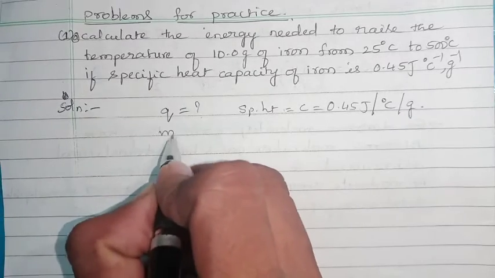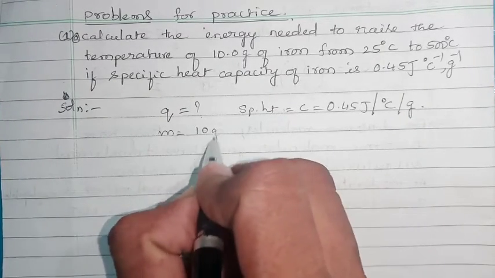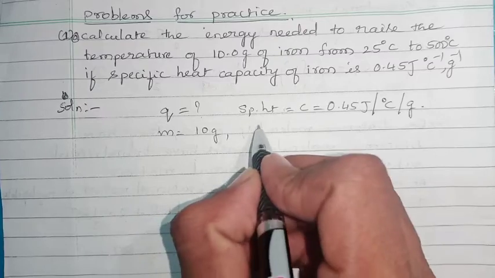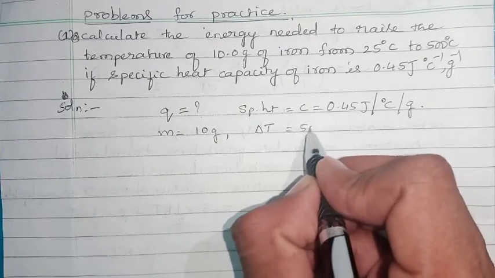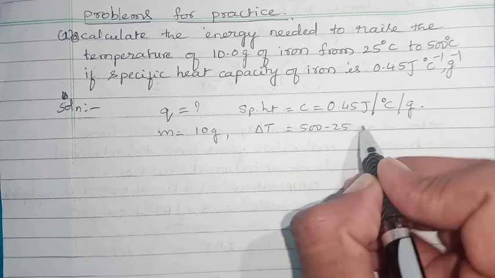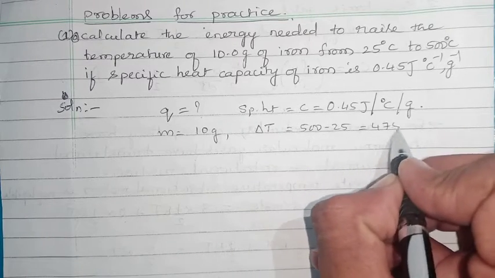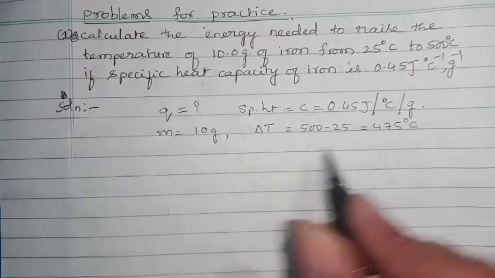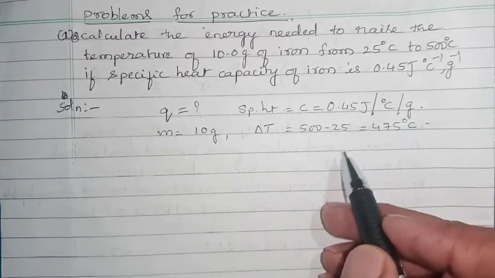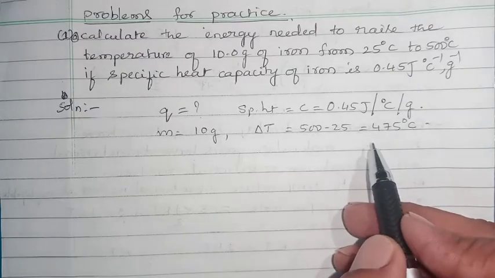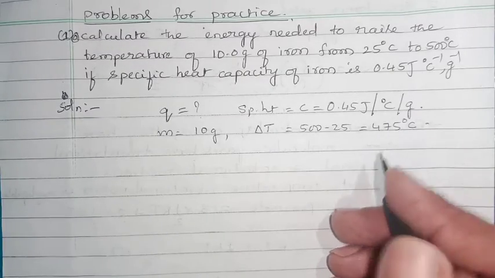Then the mass of iron is 10 gram. Then the change in temperature, that is delta T, is equal to 500 minus 25, which equals 475 degrees Celsius. This is the difference, so we can write it directly as 475.